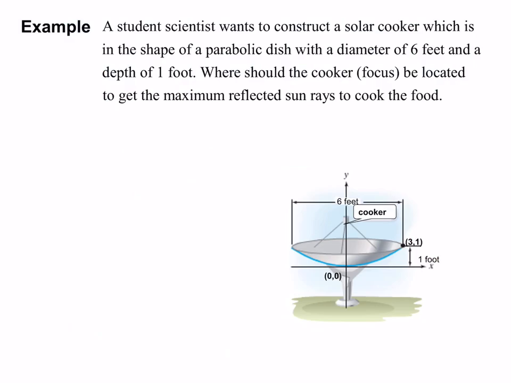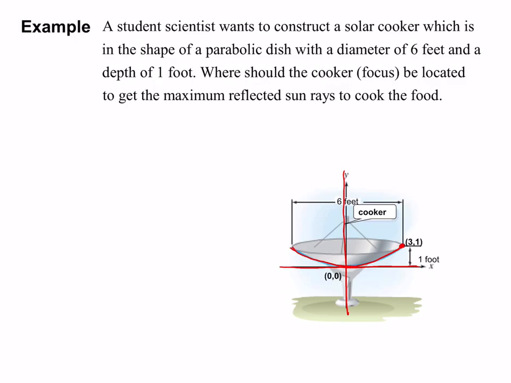All right, so here's our example. We're going to do a solar cooker, and we have a parabola that is 6 feet wide and 1 foot deep. Where do we put the cooker or the focus? Okay, so always remember that you want to stick this on an axis, and it's a parabola or part of a parabola, and you're always given a point.